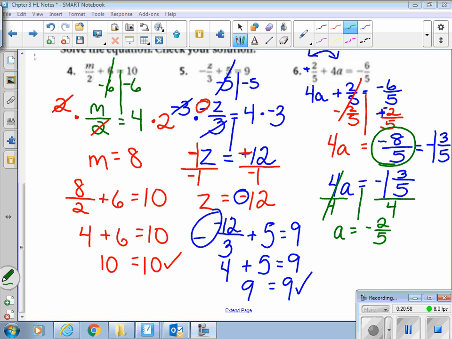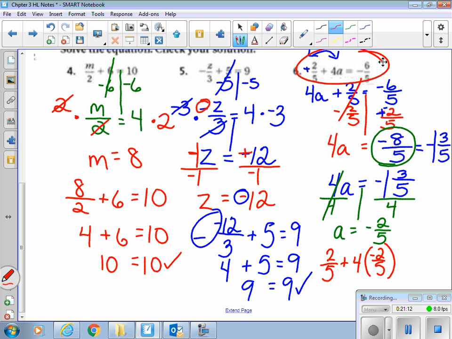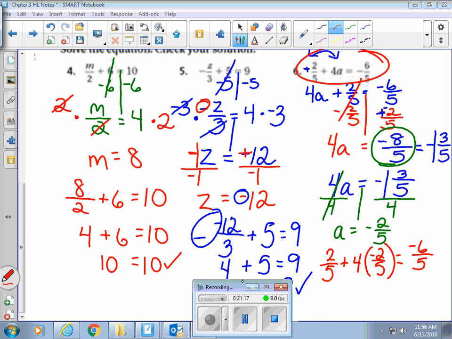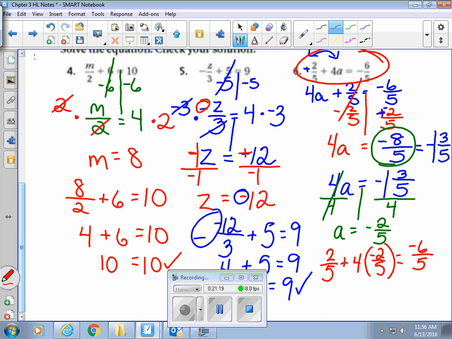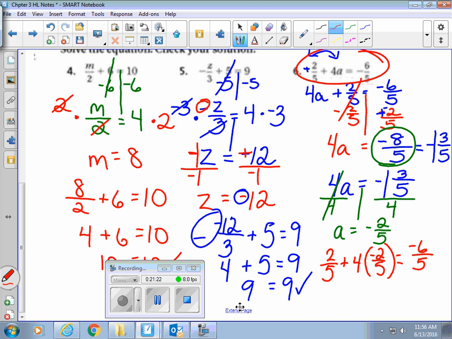I'm now going to substitute that answer to check. So we have 2/5. I'm going back to the very original guy up here. 2/5 plus 4 times negative 2/5 should equal negative 6/5. Order of operations would mean that we would have to multiply first.